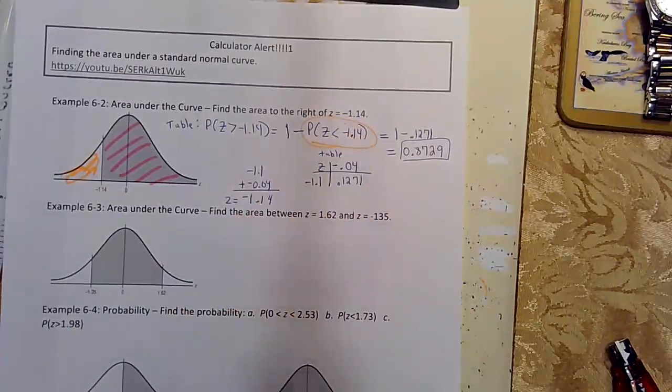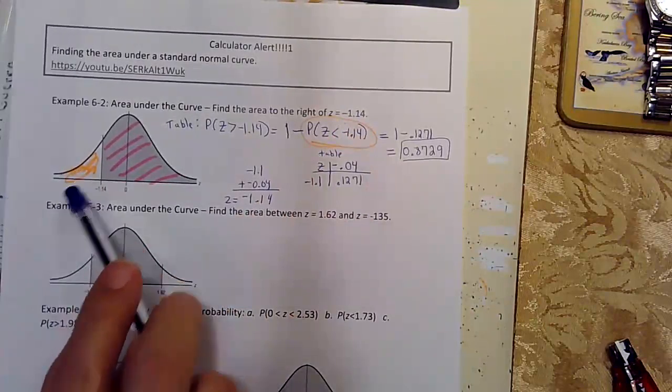Okay. So this one, you have to do 1 minus. You have to start with 1 and then you're subtracting this value, okay?